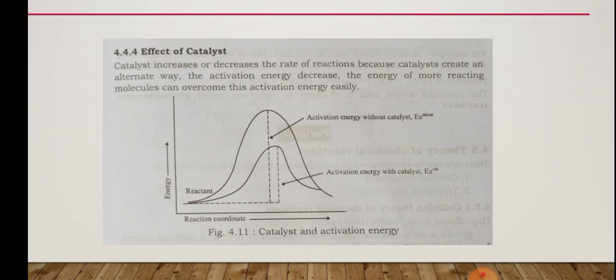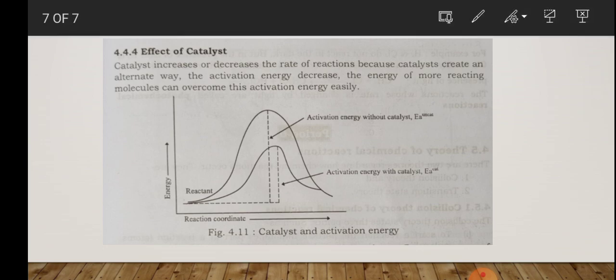The energy of more reacting molecules can overcome this activation energy easily. Since the activation energy is decreased, this energy can be overcome by a maximum number of molecules and the reaction rate increases.